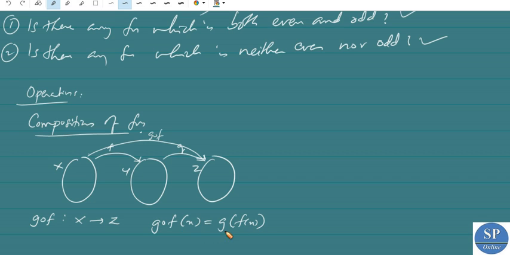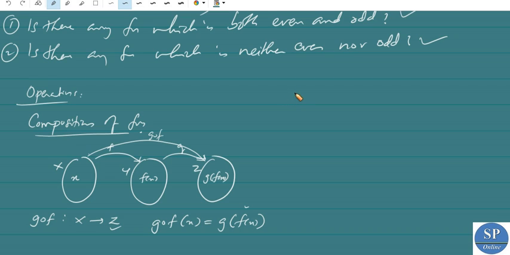That is, first we have to perform the function f, which is from X to Y. For a point x here, we have f of x here, and then we apply g from here. So it will be g of f of x in Z, right?